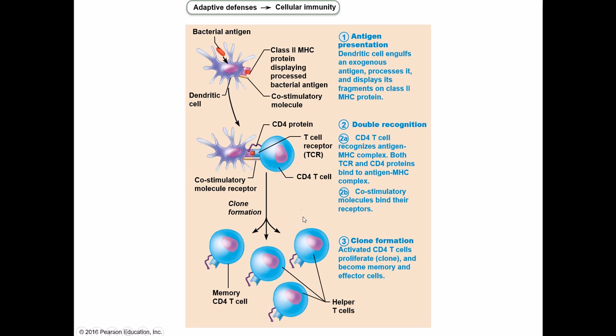Since this particular image is looking at CD4 cells, some of them are going to become helper cells, and some of them are going to become memory cells. The same process would happen with the CD8 cells, except this would be maybe, say, a liver cell displaying a class 1 MHC protein, or a dendritic cell displaying a class 1 MHC protein, either or.